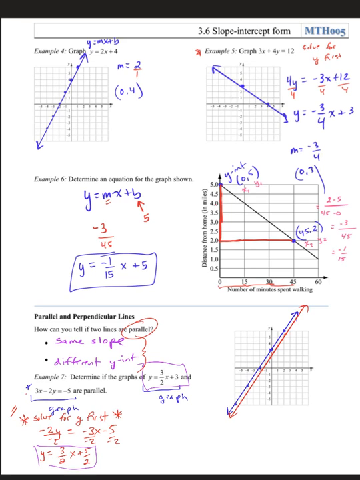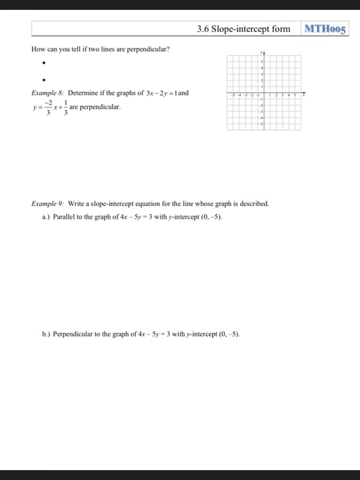But before you can determine if they're parallel, you must solve for y first. Any problem that you're working with, if it's talking about parallel or perpendicular lines, you always want to solve for y first.